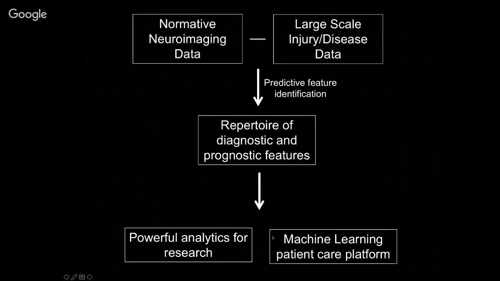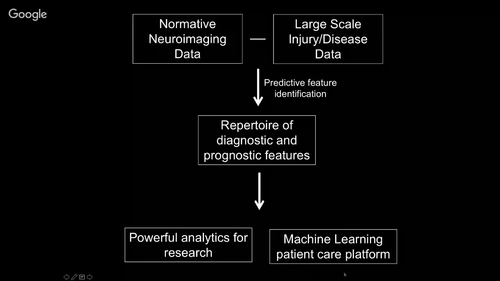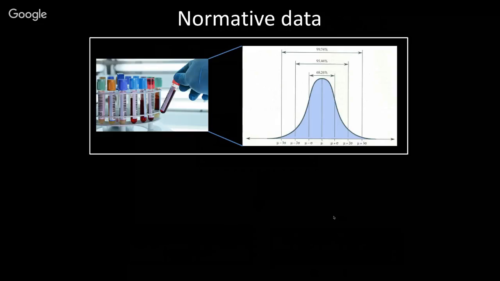And so although we currently have available platforms that allow us to perform volumetrics and other assessments of clinically available sequences, this next generation of platforms will allow us to do much more sophisticated interrogation for biomarkers that may be predictive of a current disease state or recovery from that disease state.